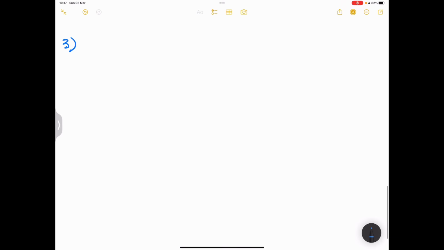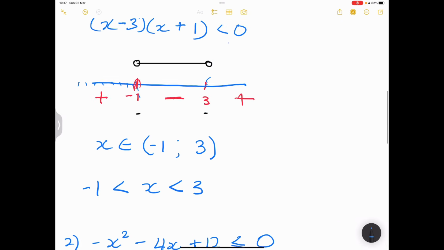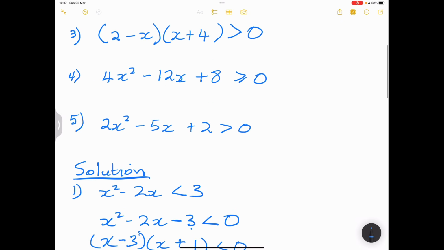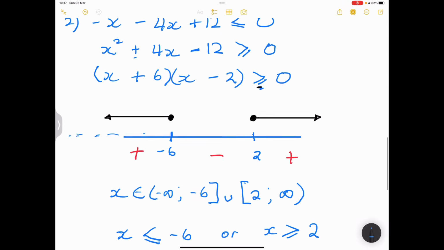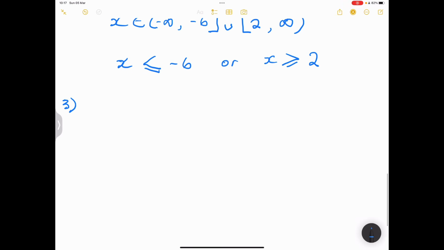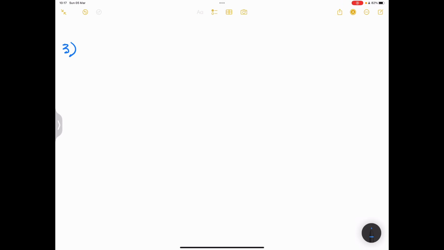Let's see what we had there. We were given, right, 2 minus x, x plus 4 greater than 0, right? Let's get this out of the way. So we've got 2 minus x, we've got x plus 4 greater than 0.